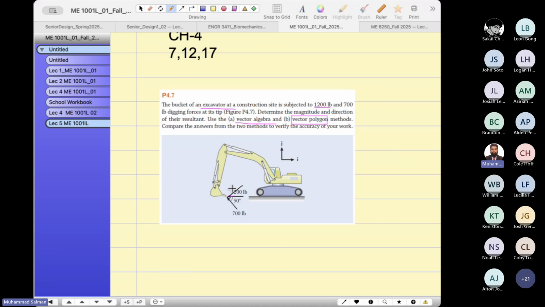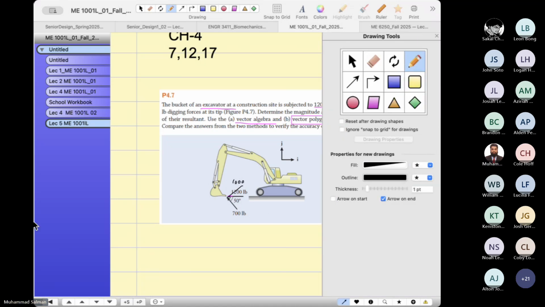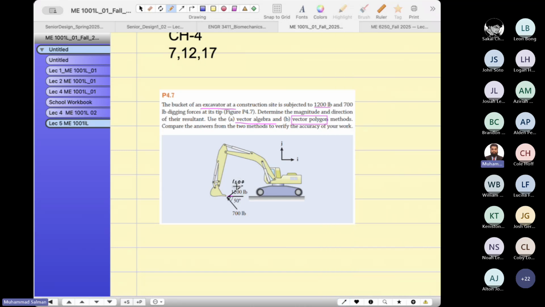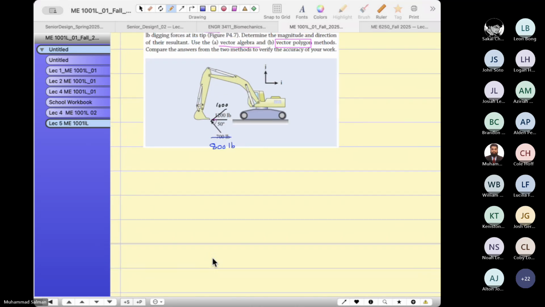This is my 1000 pounds. Let me change the color to blue. So this is my 1000, and this is now 800 pounds. I'm gonna show you the way I'm gonna solve this question.